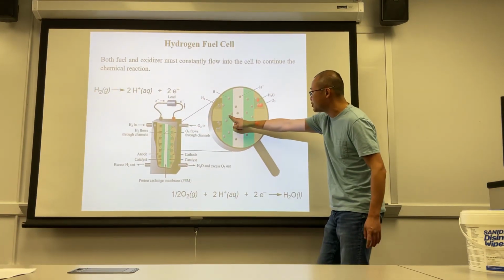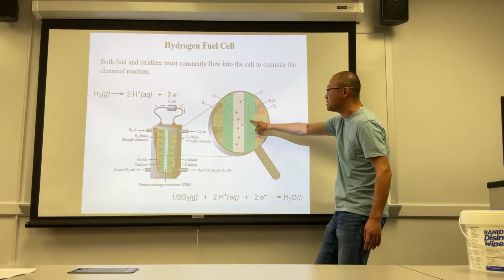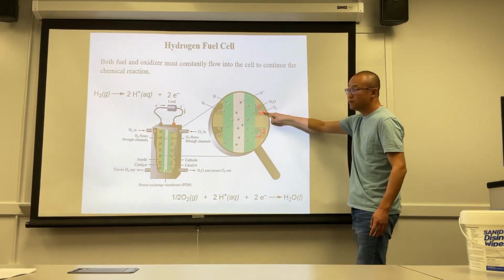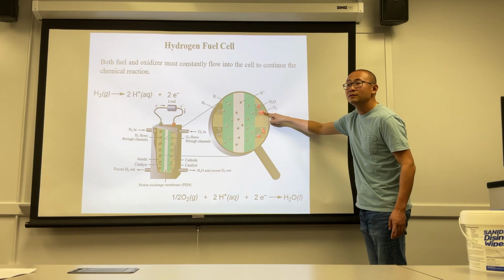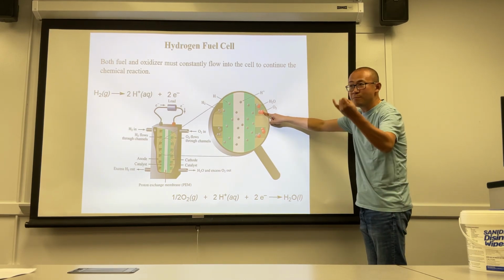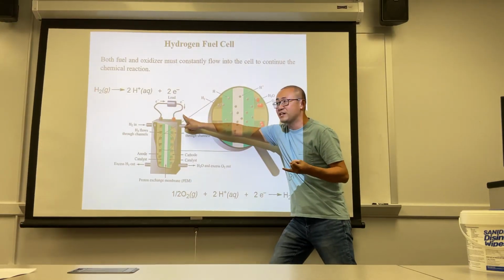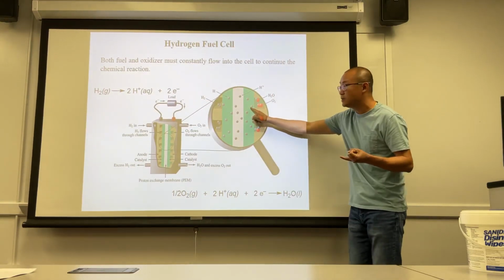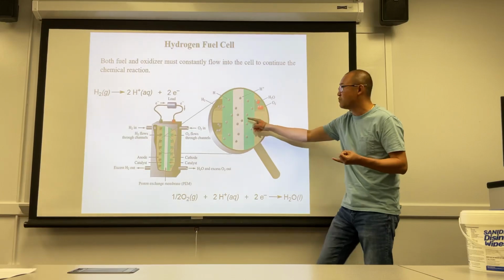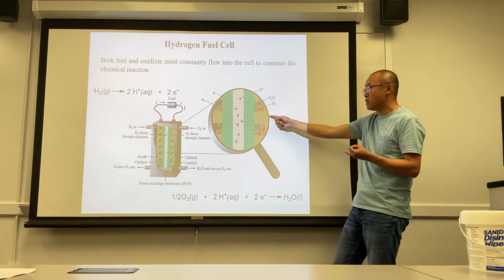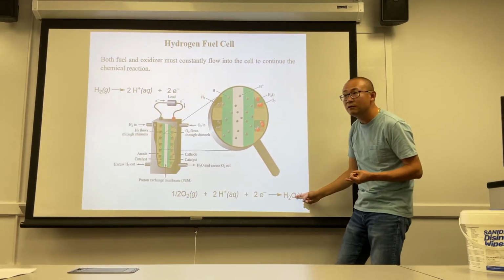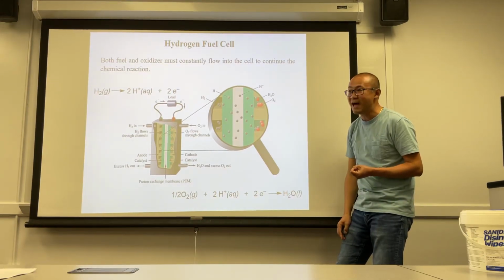After losing the electron, which goes through an external circuit to create electricity, the hydrogen plus actually diffuses across the membrane to where? To oxygen. And oxygen basically takes the electron from the external circuit, and the hydrogen plus that diffused across the membrane, to give you what? To give you water. You see that?